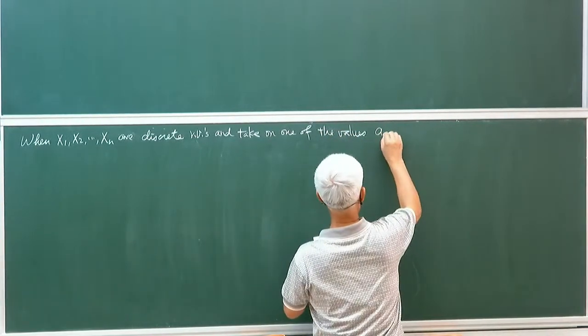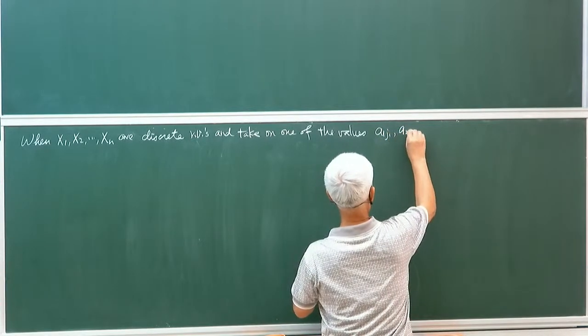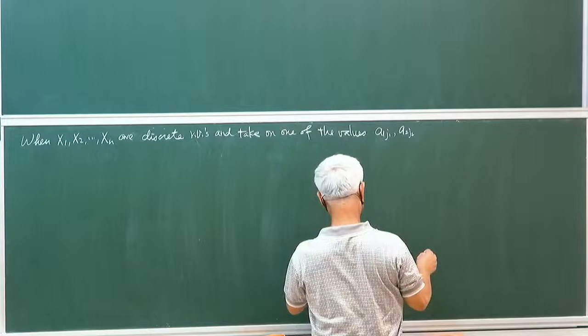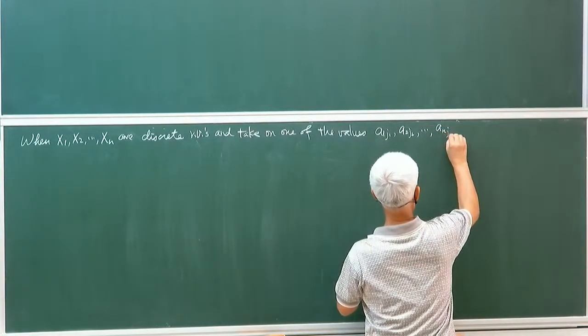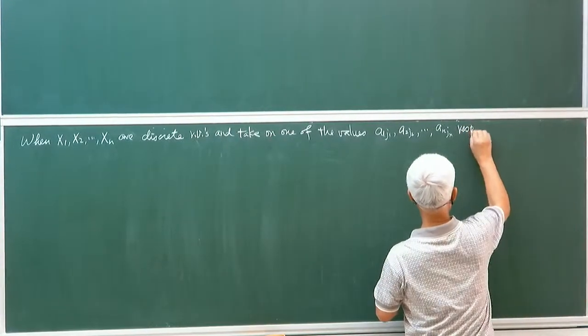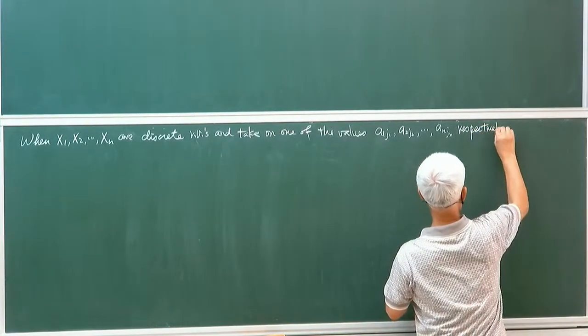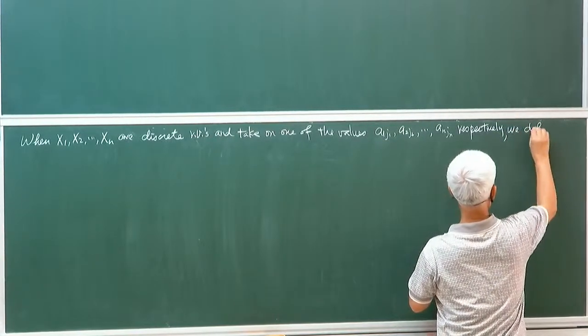Okay, so we say A1J1, A2J2, ANJN, respectively.